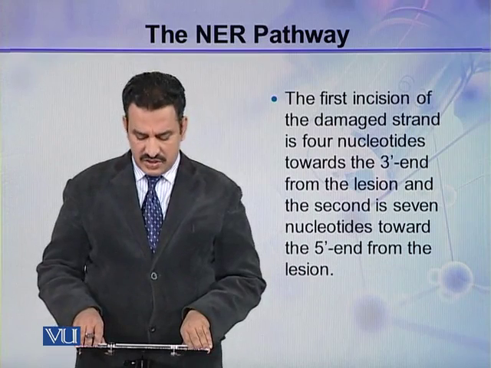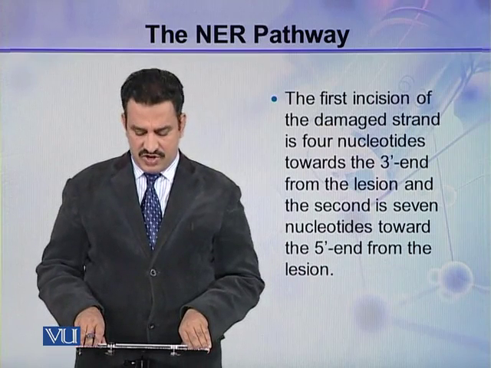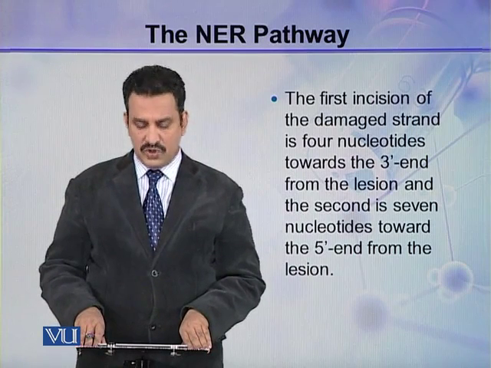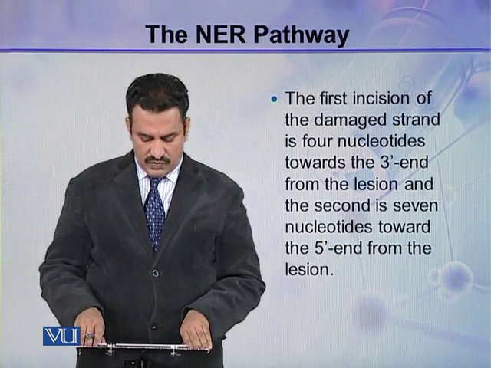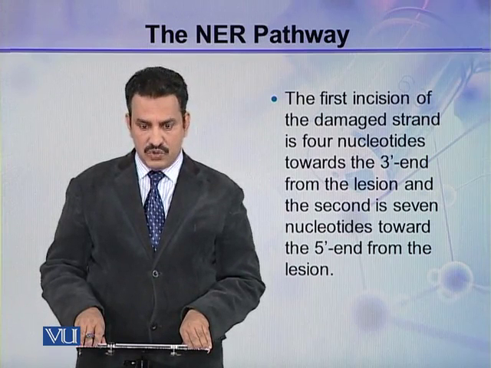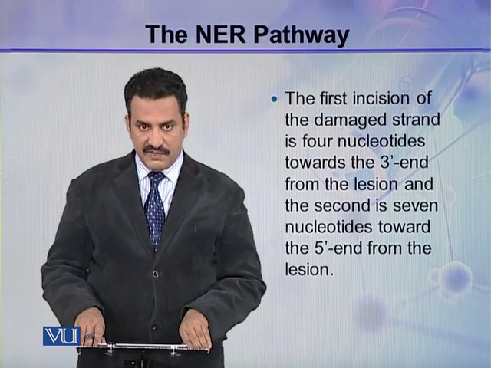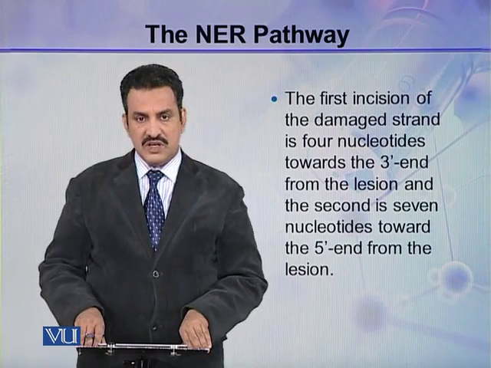The first incision of the damaged strand is 4 nucleotides towards the 3' end from the lesion, and the second is 7 nucleotides towards the 5' end from the lesion.